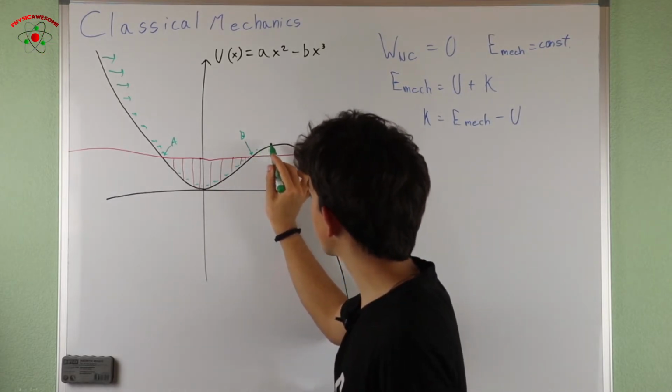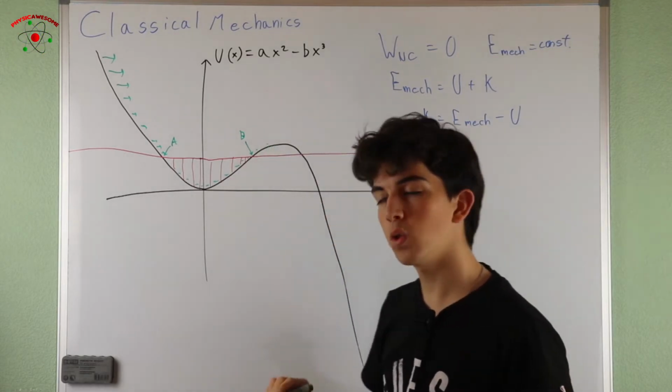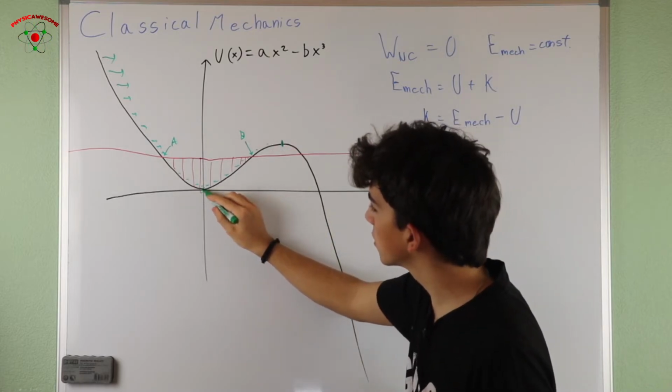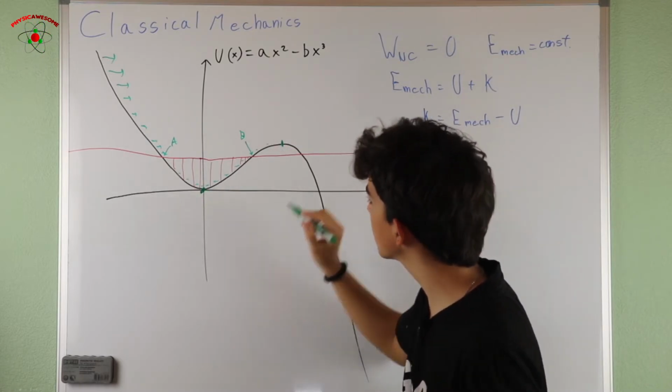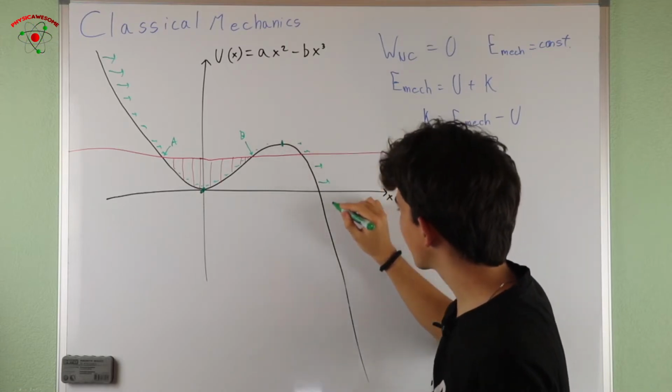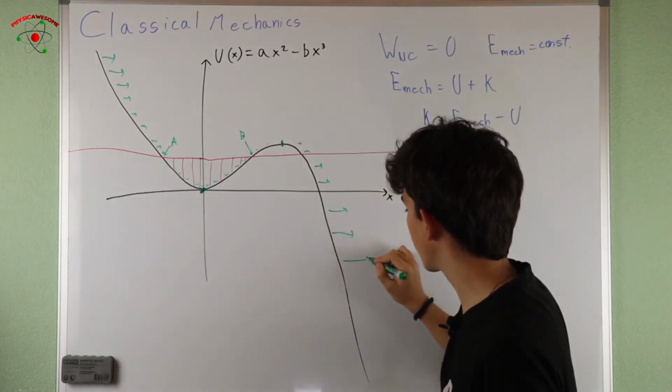It grows, but then it stops being too large once more when we reach this point. So these two are important points, and then it starts growing once again and becomes really, really big very fast.